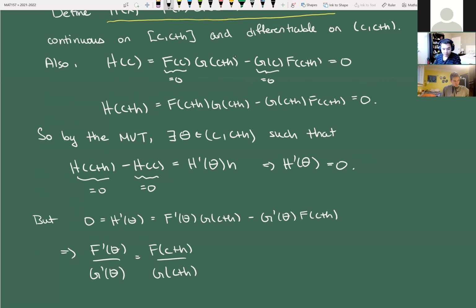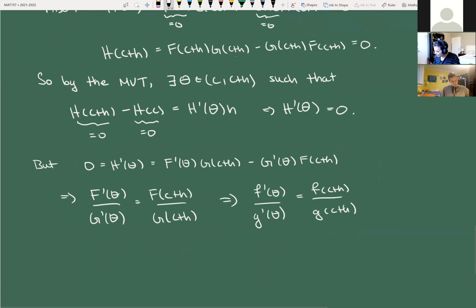And in fact, since none of these are equal to 0, we can actually just rewrite this now as F prime of theta over G prime of theta is F of C plus H over G of C plus H. Okay. Now what we're going to do is take a limit as H approaches 0 from the right.